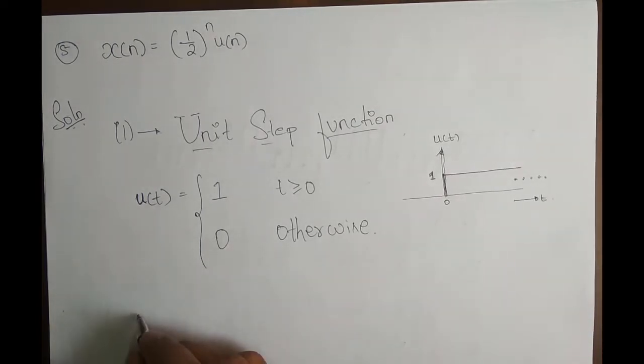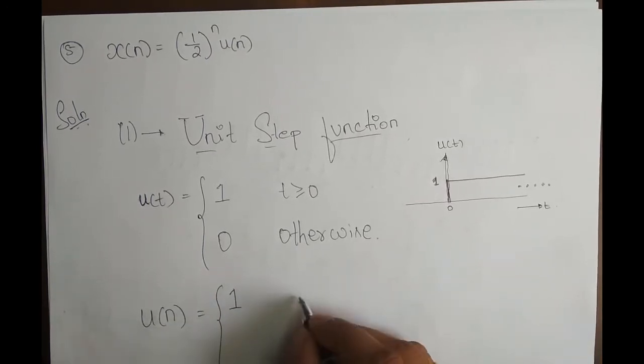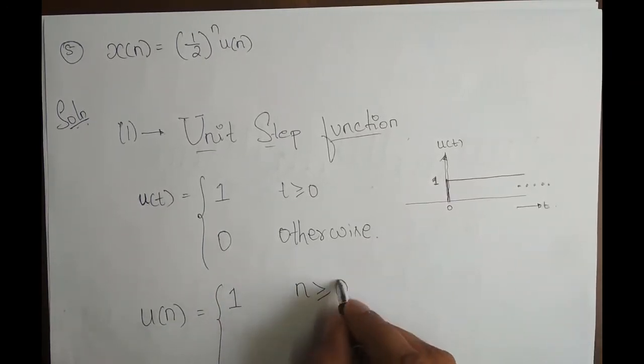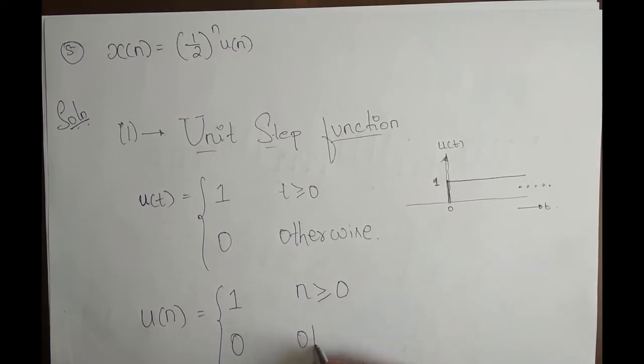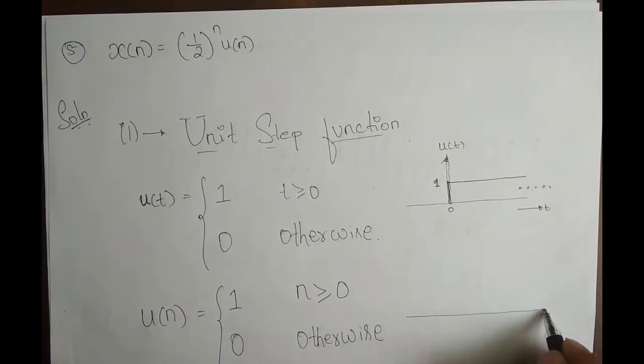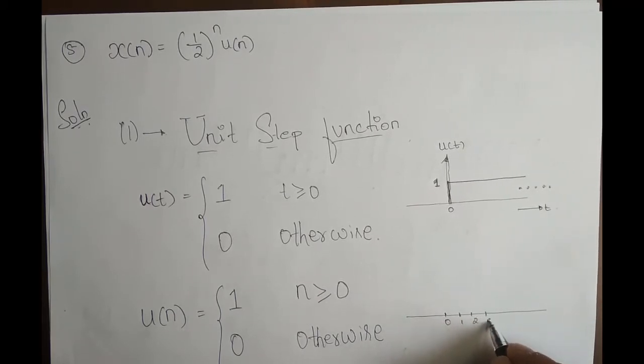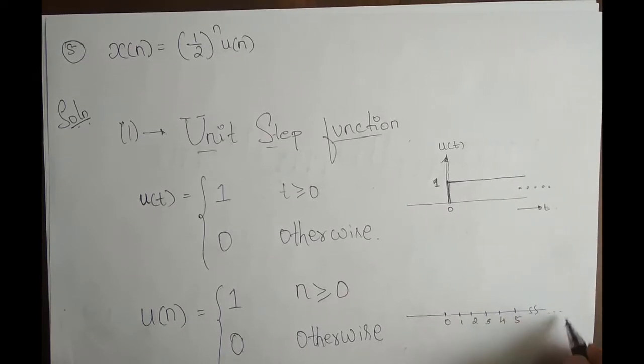This is with respect to a continuous time signal. In terms of a discrete time signal, it is denoted by u of n, small letter n, and it is the same thing: 1 for n greater than or equal to 0 and 0 otherwise. Graphically, since it is a discrete time signal, we have samples at n equal to 0, 1, 2, 3, 4, 5 and so on till n equal to infinity.